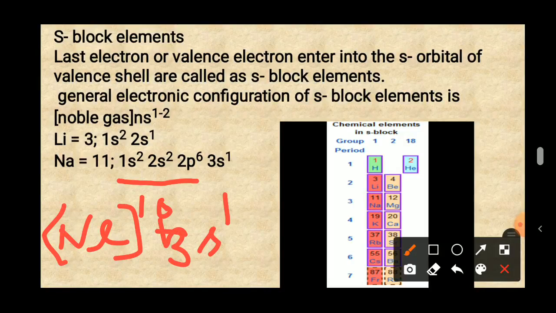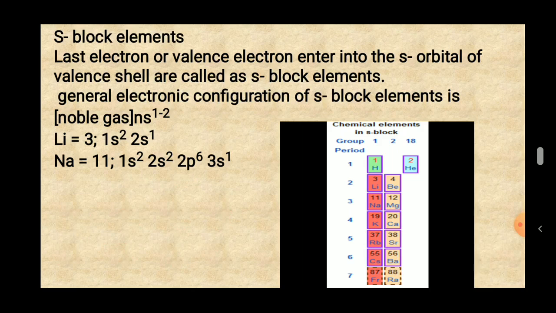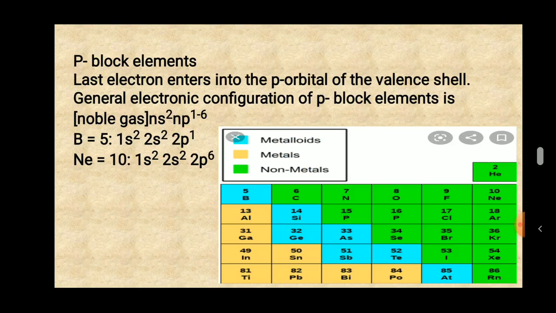This is the general configuration of sodium. In the same way I can write it for group number 2 also, noble gas ns1 to 2. I hope you understood the concept of s-block elements. Next is the p-block elements.